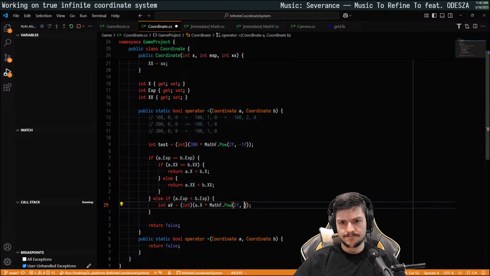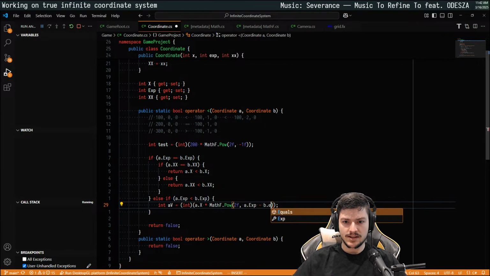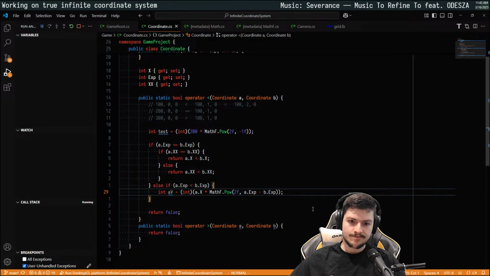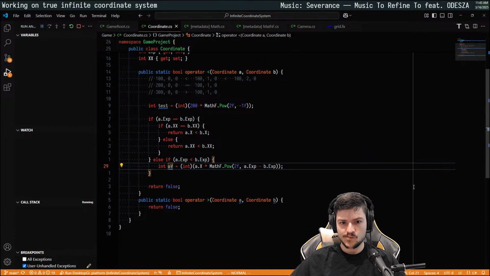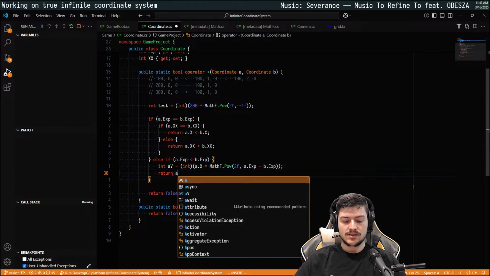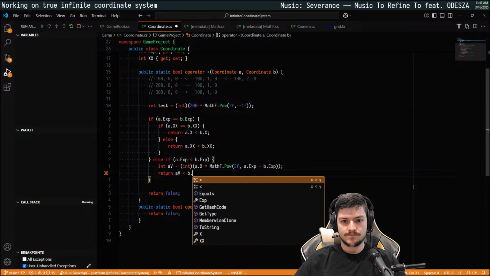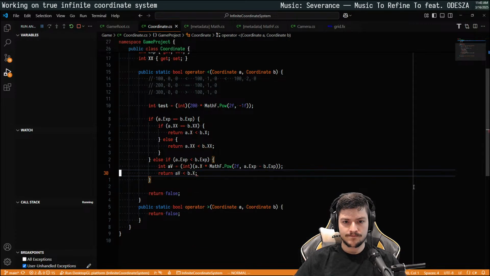So in other words, that exponent minus b dot exponent. Then you end up with a number that's compatible with the other number, which means that should be fine, right?